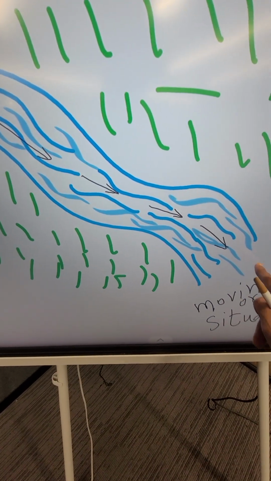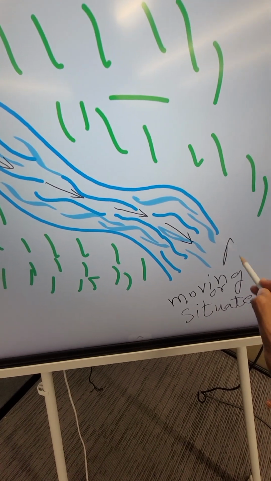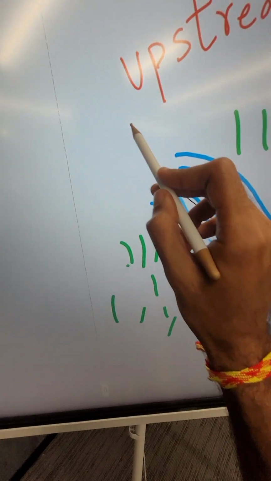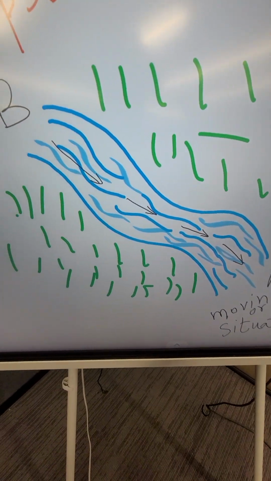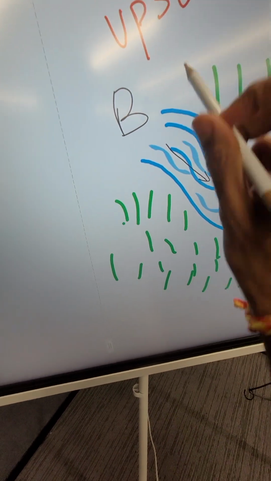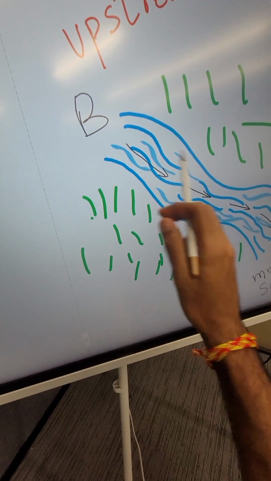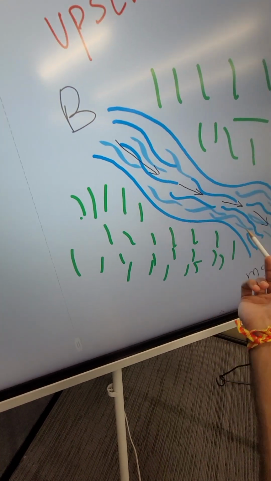Let's say someone is over here, A, and then B. A would say B is upstream, to say that it is on this side of A, in the opposite direction of the flow of the river.